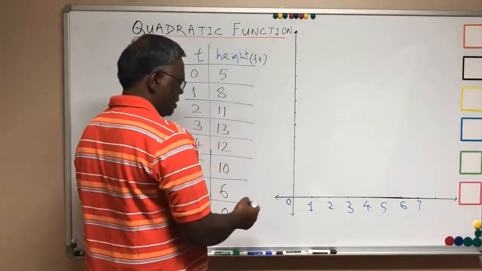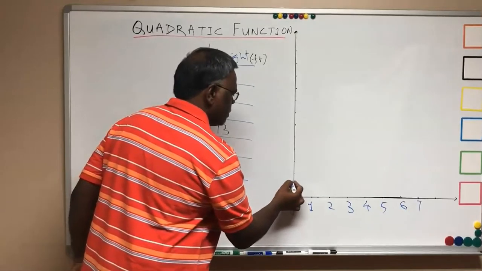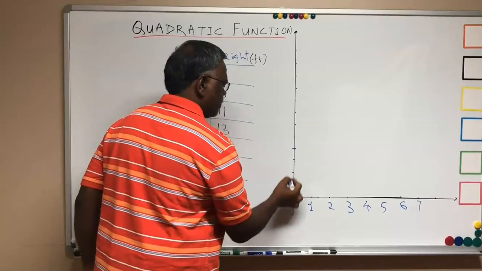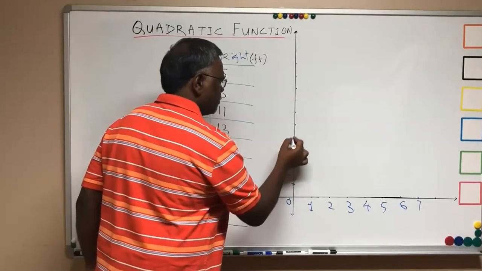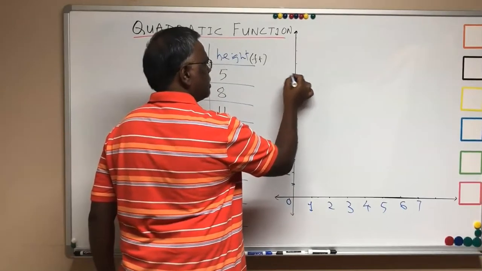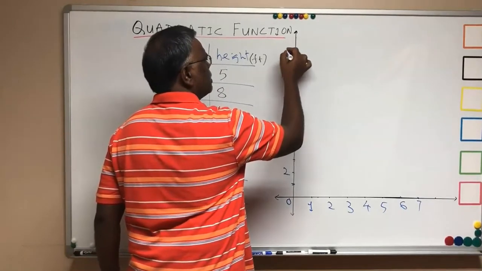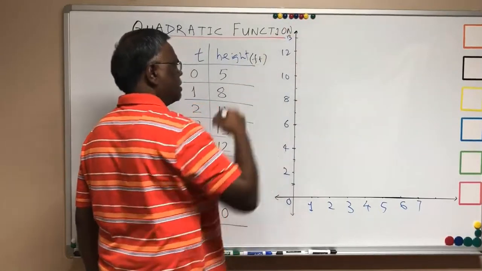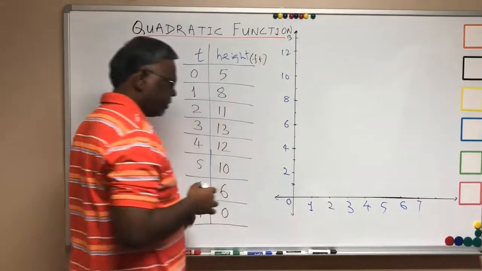The height is 13 max: 1, 2, 3, 4. This is 2, 4, 6, 8, 10, 12, and this is 13, and you can go higher.